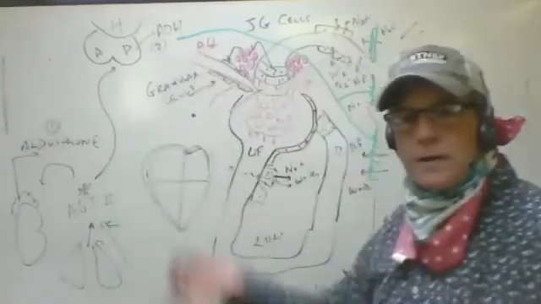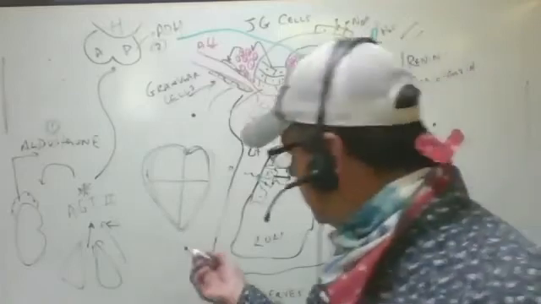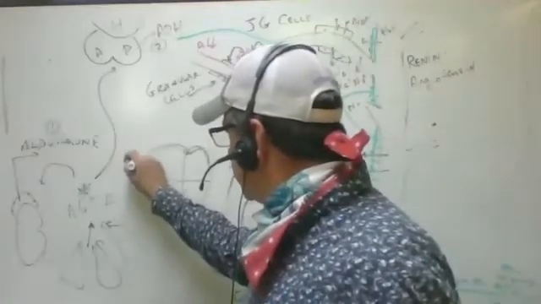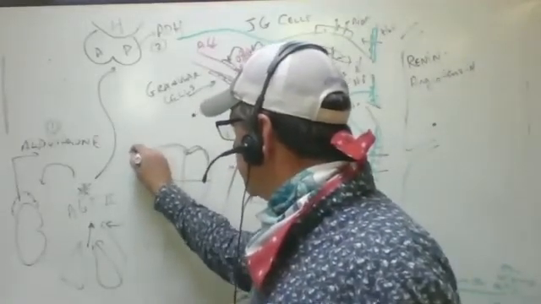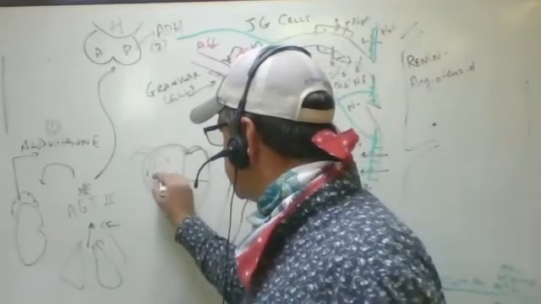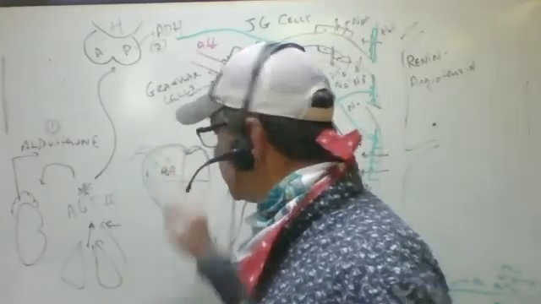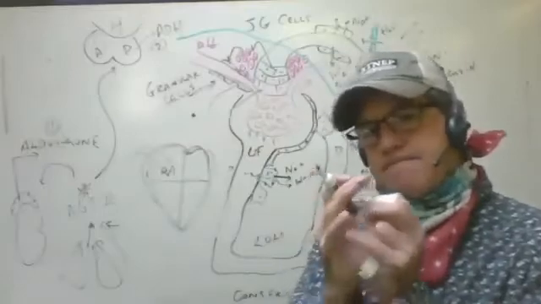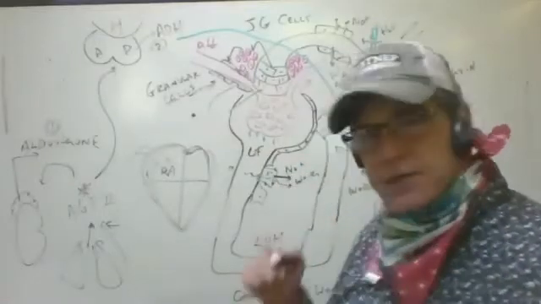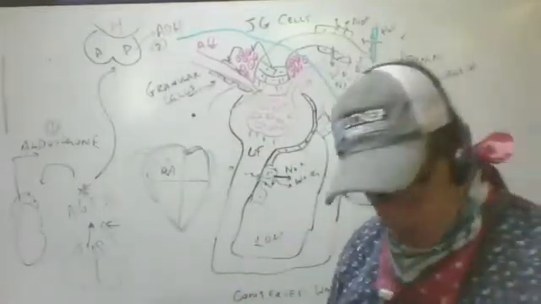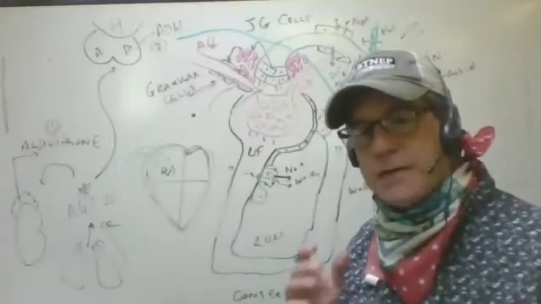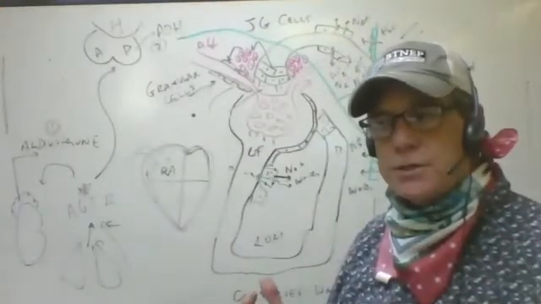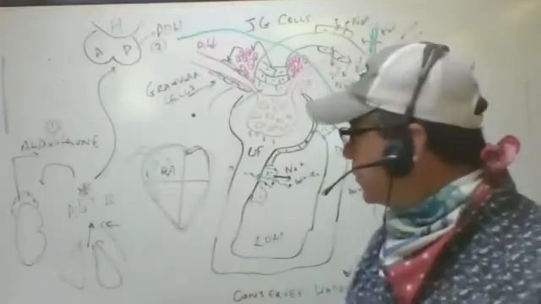Now, the part of the heart that gets venous return, a place to monitor how much blood is in the whole system, is the right atrium. And when the right atrium is stretched out because there's too much blood in the system, another way to say that is there's high blood pressure.